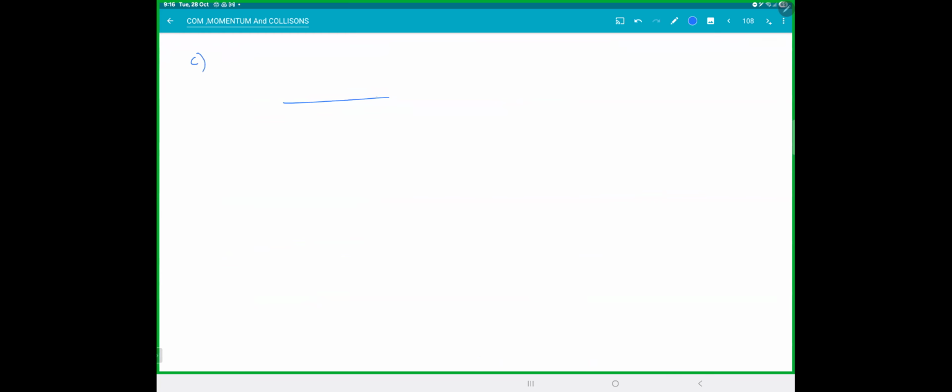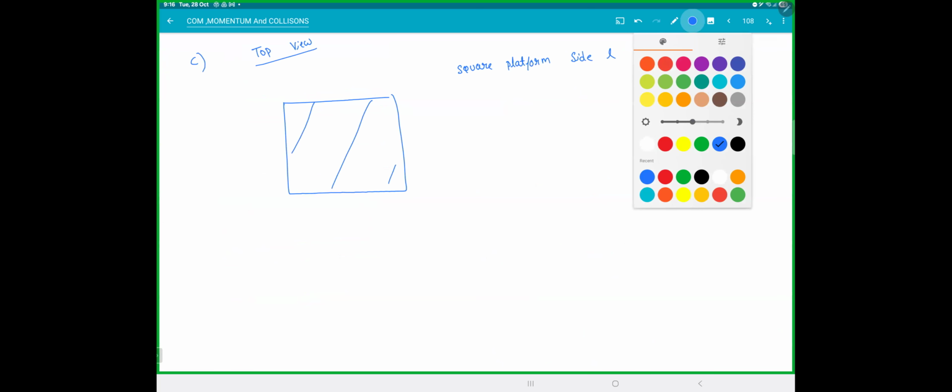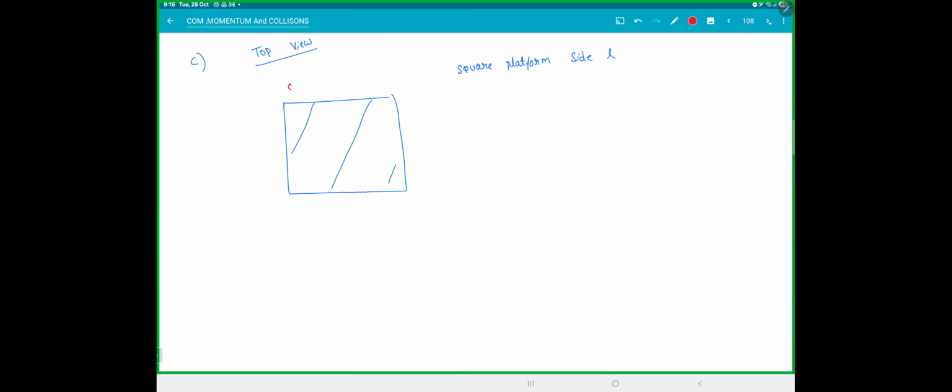Let's say we have a square platform. This is the top view. We have two people here. A, whose mass is M, is walking in this direction.